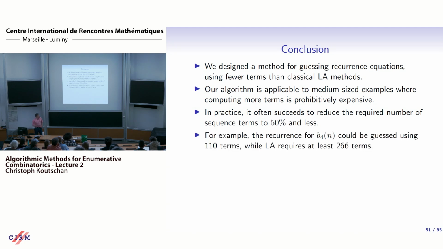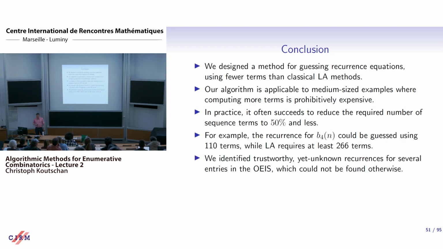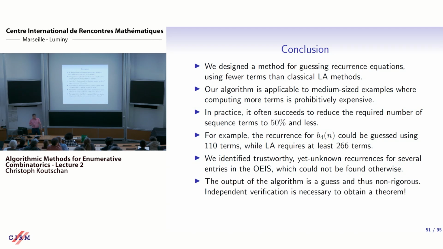Here is the example where we went from 266 to 110. And yes, we have found quite a few recurrences for sequences in the OEIS. As we discussed, this is just a guess, absolutely non-rigorous. You have to verify independently if you want to have a theorem.